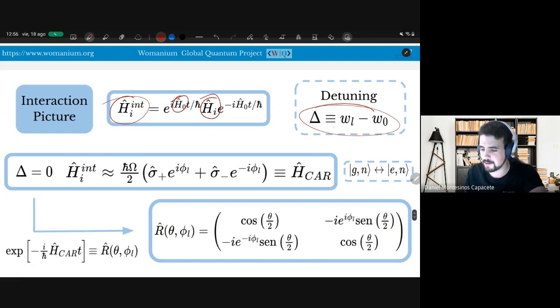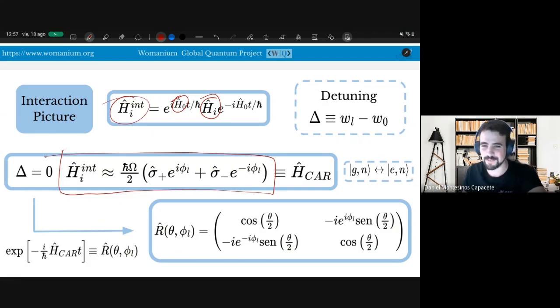So the detuning is just the difference between this laser frequency and the frequency of these two energy levels. Defining the detuning, we can find that depending on its value, we can make different approximations for the Hamiltonian. In the case that we have detuning equals 0, we can approximate the Hamiltonian into this Hamiltonian here, and this would be the Hamiltonian of interaction in the interaction picture.